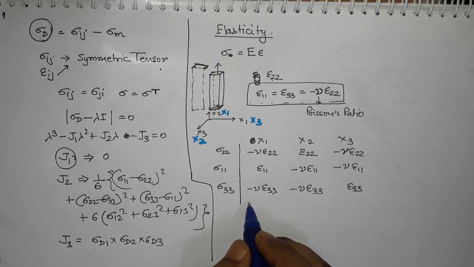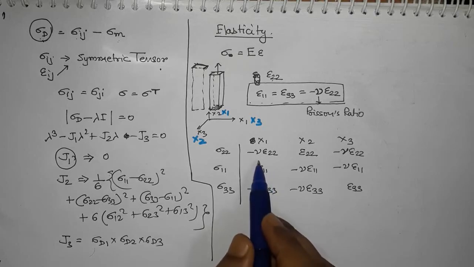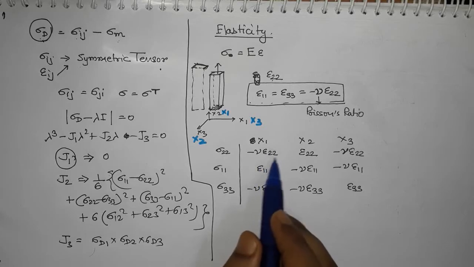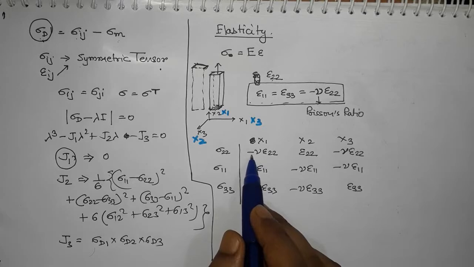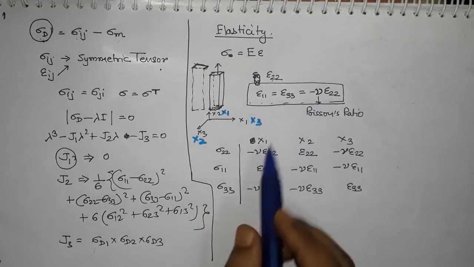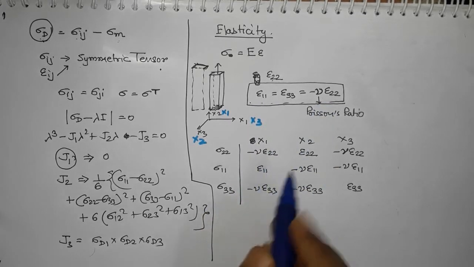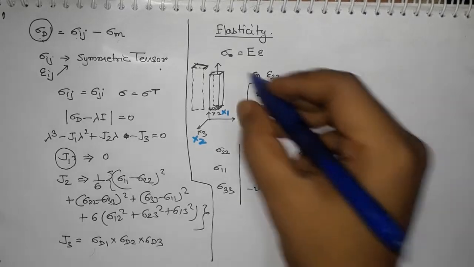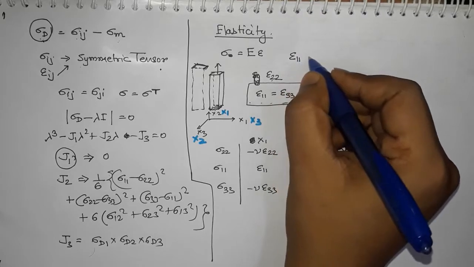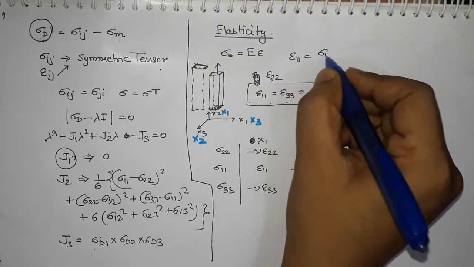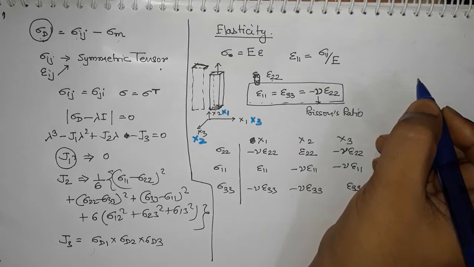And so now we can change this further. We can change this to the stress form, right? So epsilon 1 1 and epsilon 3 3 are equal to minus mu into epsilon 2 2, right? And epsilon 2 2, if we follow this relationship, we can write will be equal to sigma 2 2 divided by E, right?